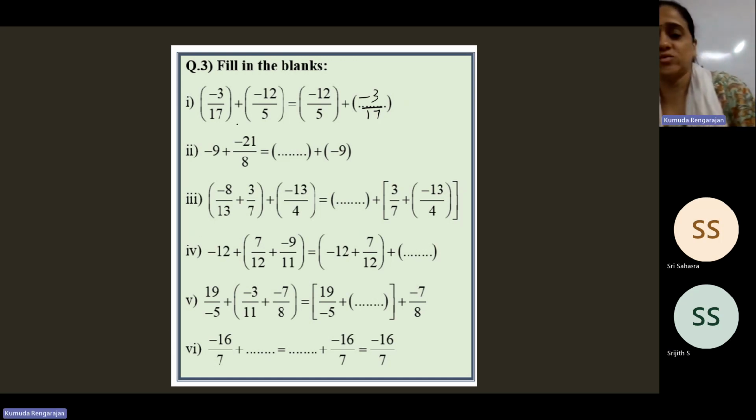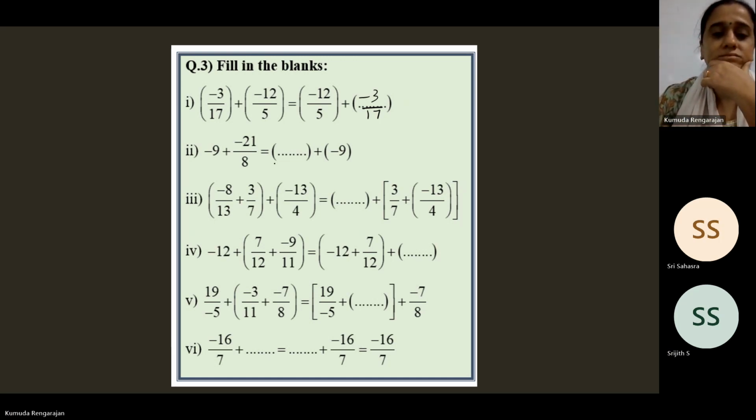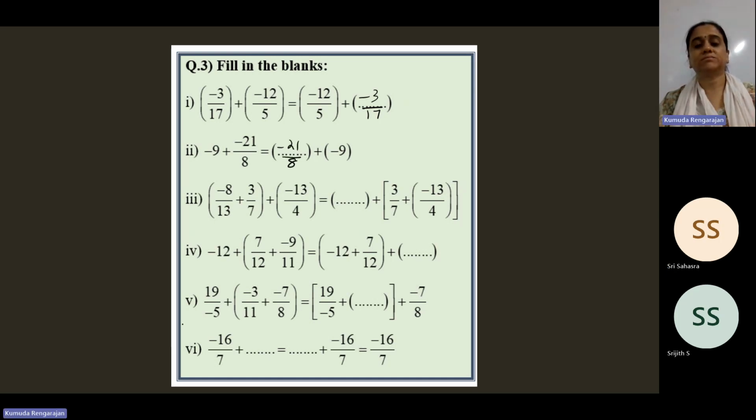Yeah, Sahasra, next one. Minus 21 by 8. Property? Commutative property of addition of rational numbers. Correct. Okay, next one, Harini.